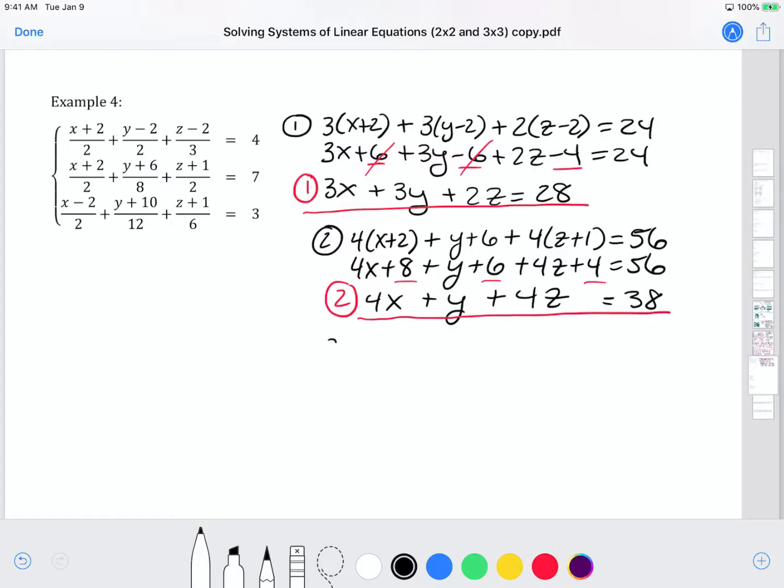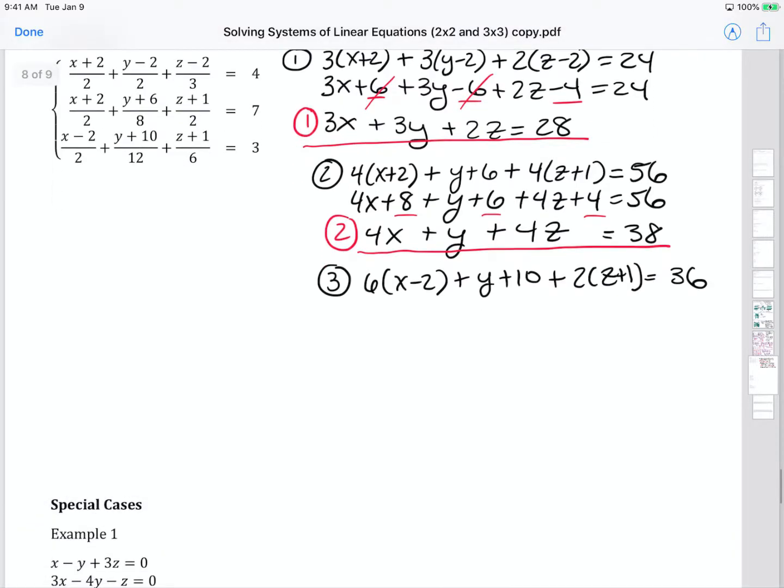Okay, let's do the same thing for equation 3 now. Equation 3, let's multiply everything by 12. So that's going to give me a 6 times x minus 2 plus a y plus 10 plus a 2 times z plus 1 is equal to 36.